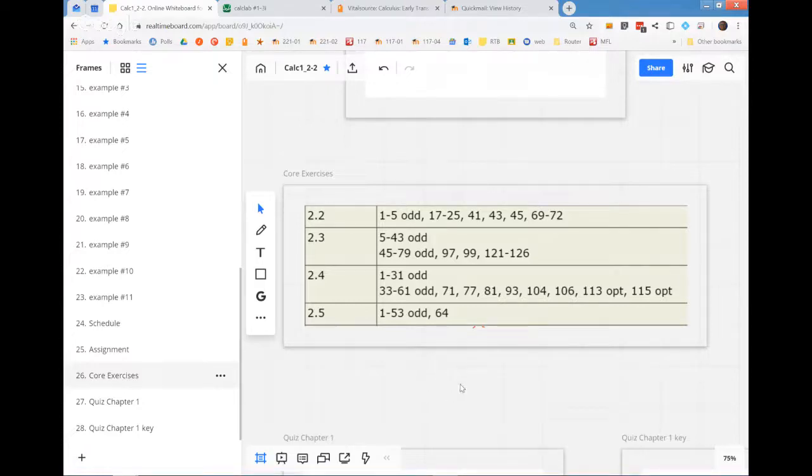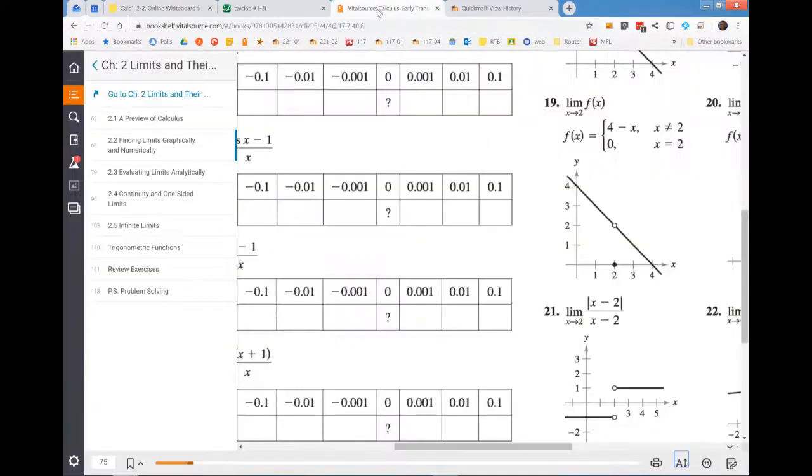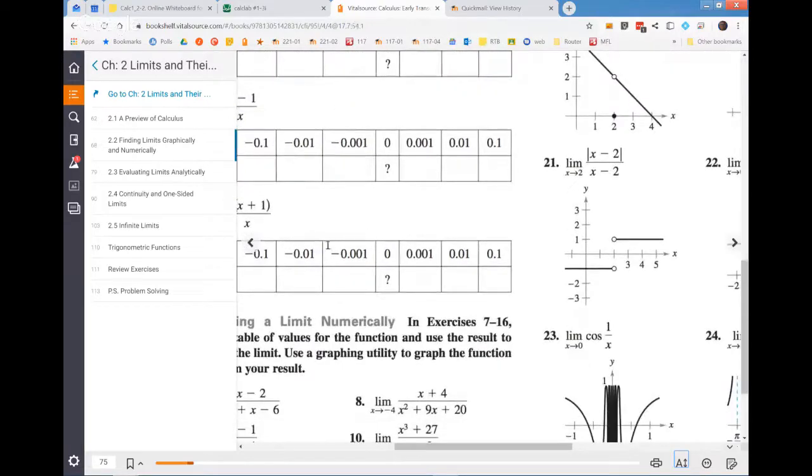The whole idea is you're supposed to get into these tables. You're going to have to do tables like I did, and you're going to have to look at graphs. I encourage you to use either your graphing calculator or Desmos to help you with the graphing. So let's make that a little bit smaller.